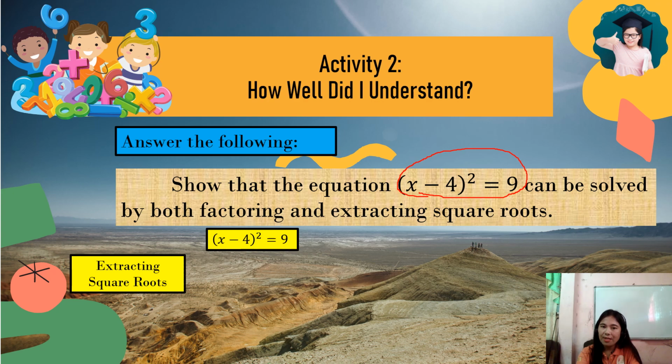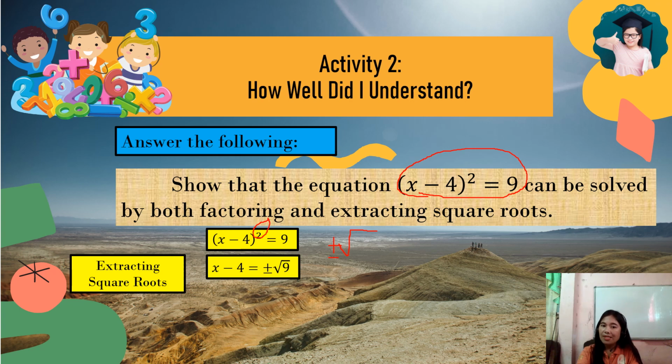So, from here, the 9 has been transposed. What you're going to do is bring down the x minus 4. And the exponent 2 becomes positive and negative square root on the other side. So the equation becomes x minus 4 equals positive and negative square root of 9.